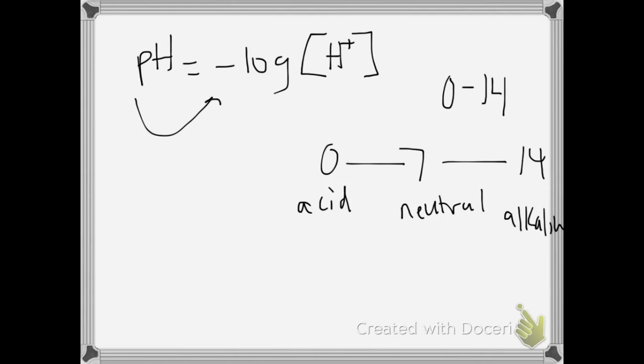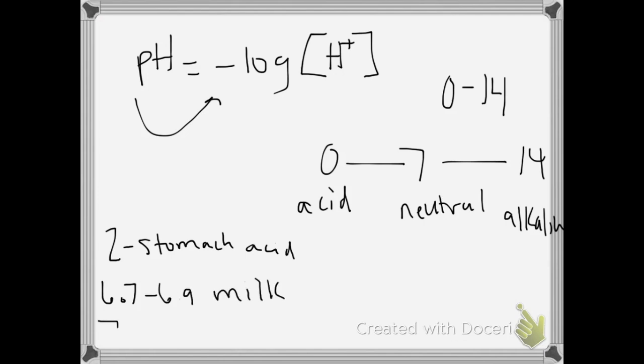Okay. Let's do some examples of some acids. A pH of 2, stomach acid. The pH of milk is like 6. I'm looking this up right now. 6.7 to 6.9. Water is supposed to be neutral.